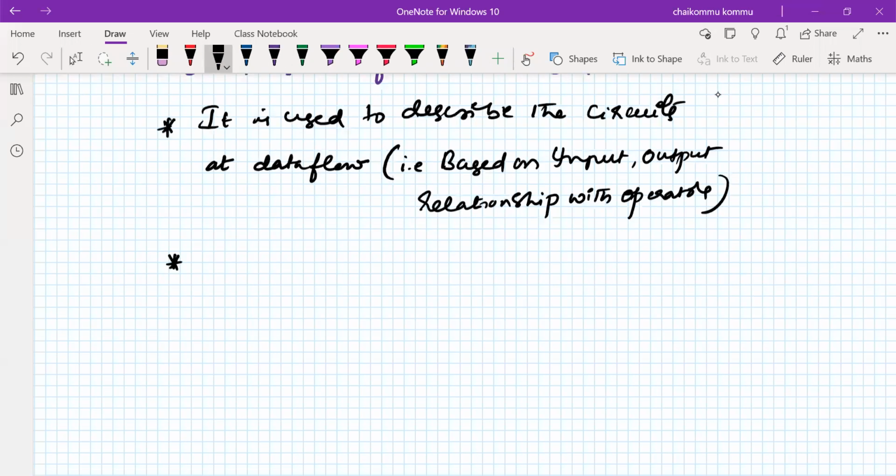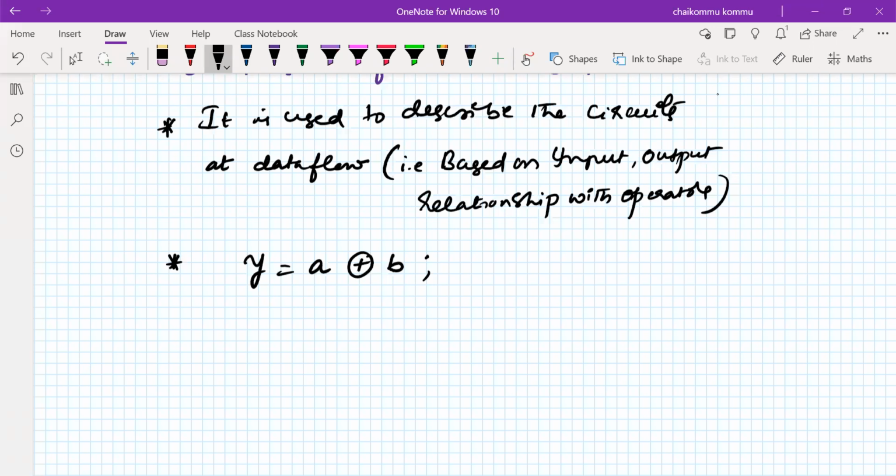For example, y is equal to a XOR b. I have written like this. This equation says that whenever there is a change in a, or in b, or whenever both are changing at the same time, that change will be calculated with the help of that operator, and that result will be assigned to y.